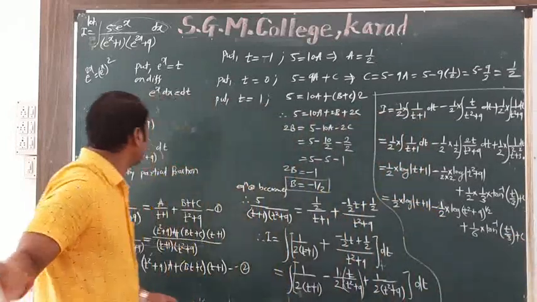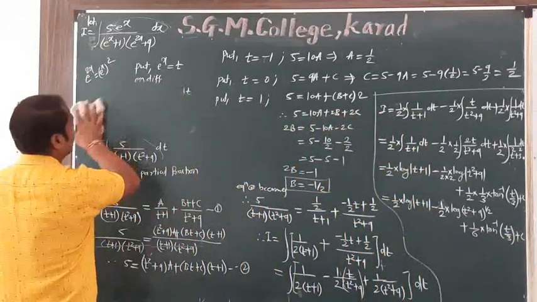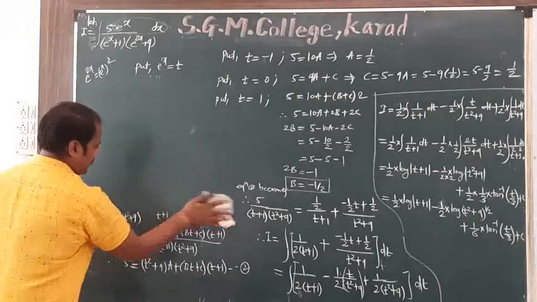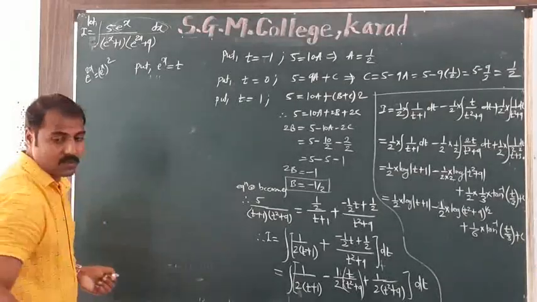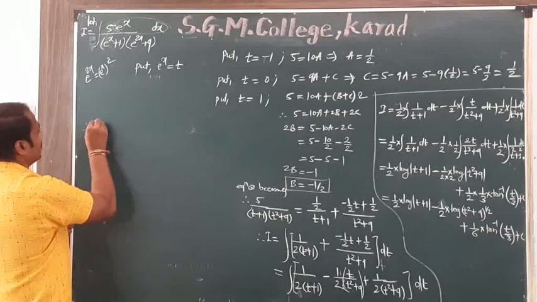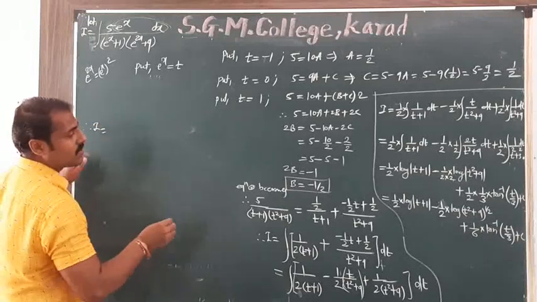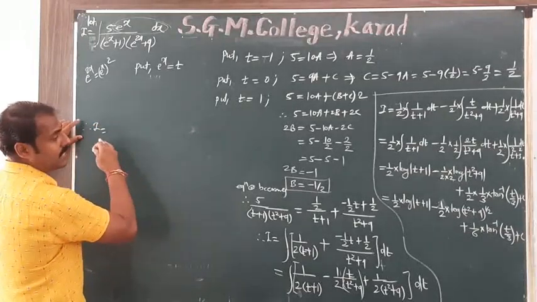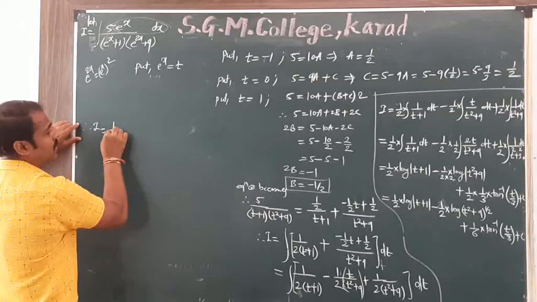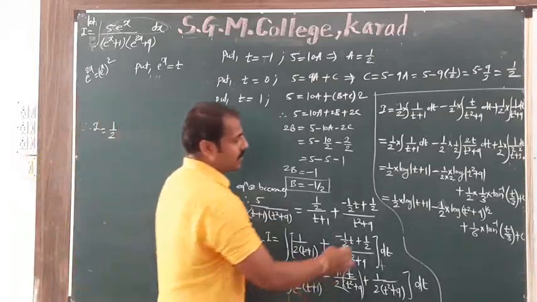So the final answer is I is equal to 1 upon 2.